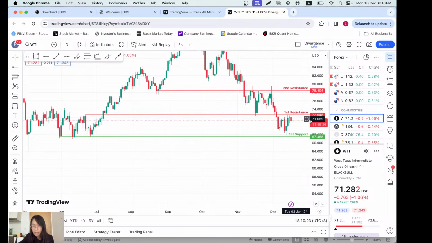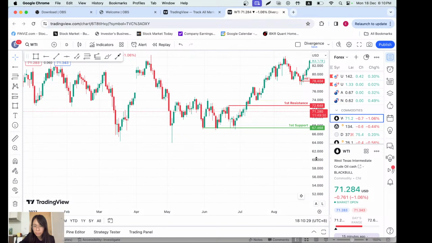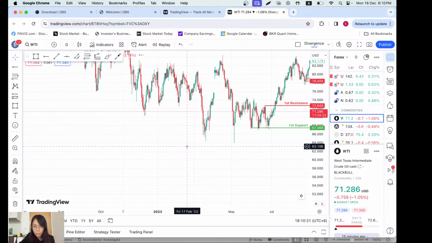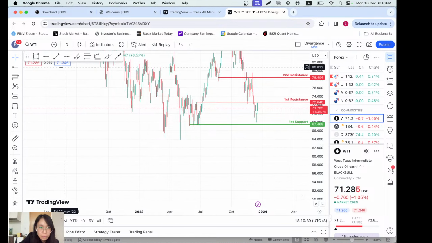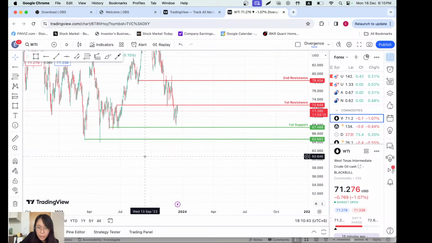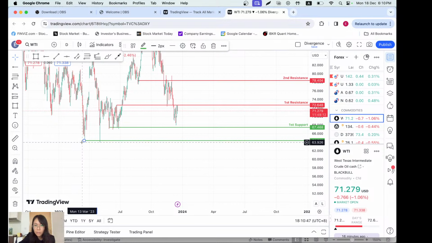There's a high possibility that price will come down and also face some rejection. My second support will be just right below here, a swing low.